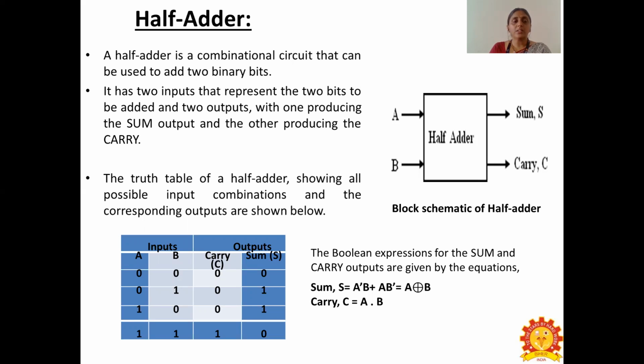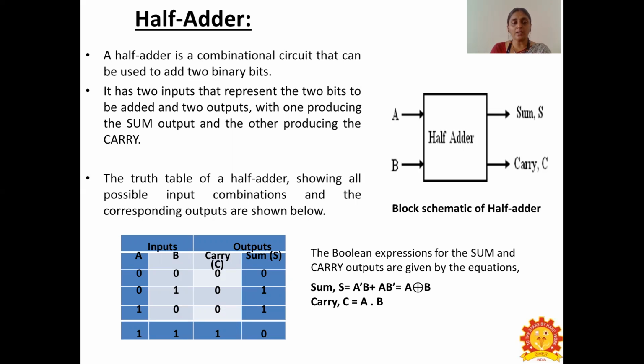They are tabulated here. So under inputs we have input A and input B, where we have the combination of two bit values, that is 0 0, 0 1, 1 0 and 1 1. And when we add 0 0, we get the sum result as 0 and carry as 0.